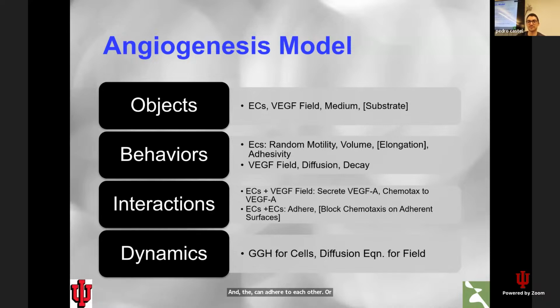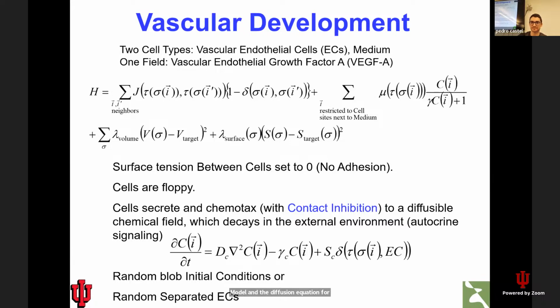It would be weird, but they could repel. We can try that. And once they come together, they stop chemotaxing over one another. For the dynamics, of course, we're using CompuCell 3D, GGH model, and the diffusion equation for VEGF field.